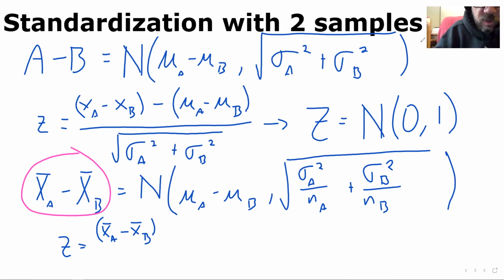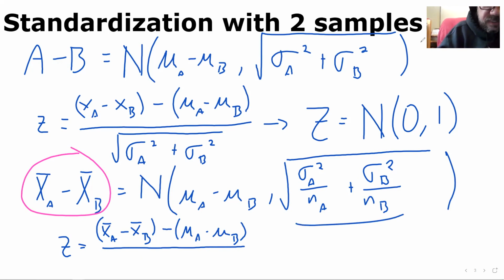And then we're going to subtract off the mean, which is mu A minus mu B. And we're going to divide that by the standard error, or standard deviation of the sampling distribution, which is this guy over here. I don't think I'm going to be able to fit it here. I apologize. I'm just going to draw an arrow and say it goes right here.